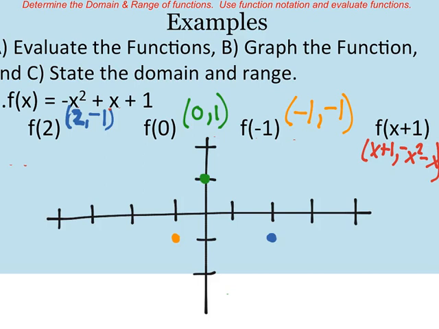Alright, so to graph this function, I drew my x-axis and my y-axis. I can label those for you if you need it. My x-axis is the horizontal axis and my y-axis is the vertical axis.